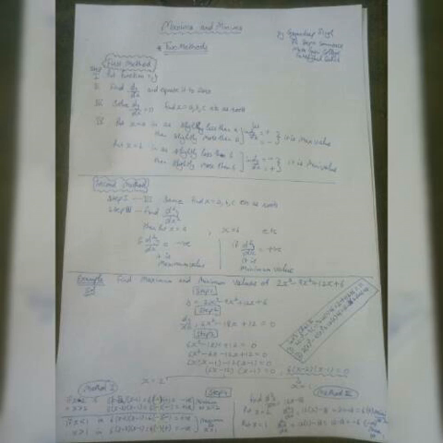But in the second method, we will not go for slightly less or slightly more. We will go for the second order derivative, that is, whatever derivative we have calculated, we will take the derivative of that derivative. After calculating it, we put in the values of the roots, say a and b.